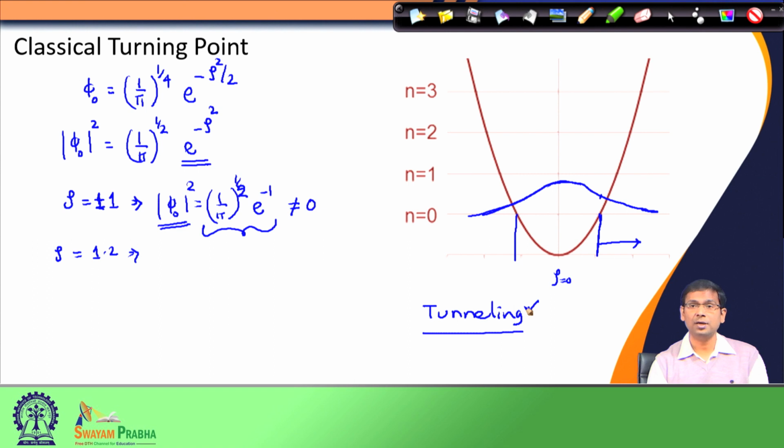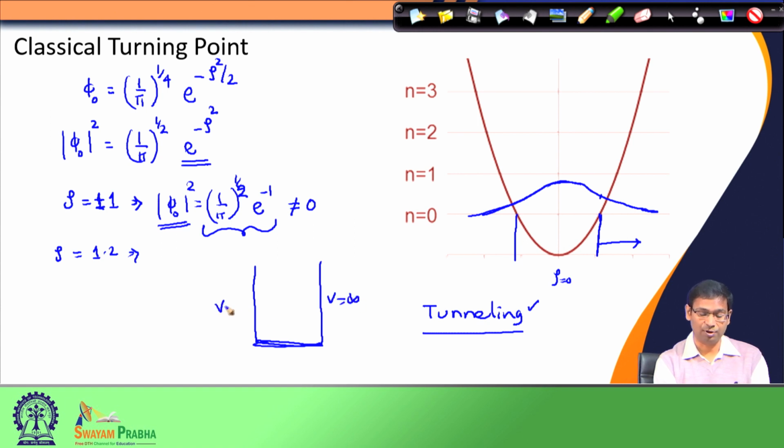If you remember the particle in a one dimensional box, we had a potential which was something like this. At the boundary, the potential energy suddenly became V equals infinite, and within the box V equals 0. So, there was a sudden rise in the potential energy at the boundary. Therefore, this was a very hard potential.